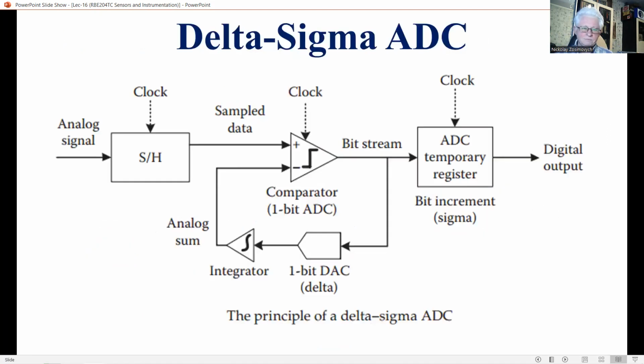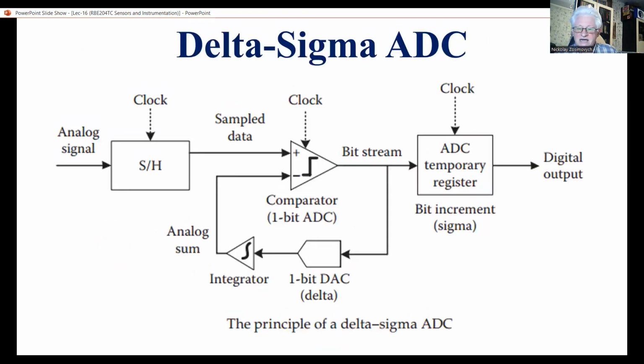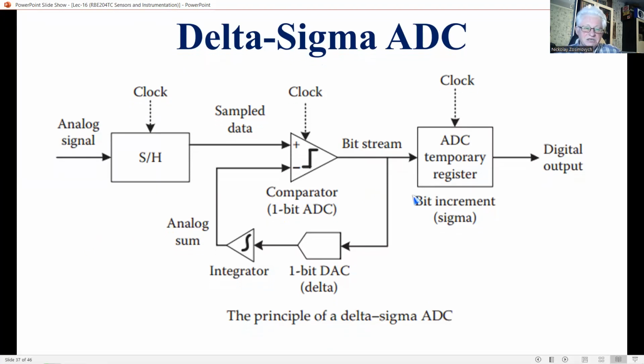Also known as the delta-sigma ADC, this popular variety of ADC has a relatively low cost, low bandwidth, and high resolution. The basic principle of the device is shown in this figure.